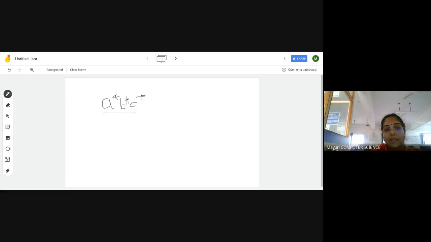This is the set of all strings with any number of A's followed by any number of B's followed by any number of C's. The minimal string accepted is epsilon, because I can take all the lengths as 0. Any length is possible.